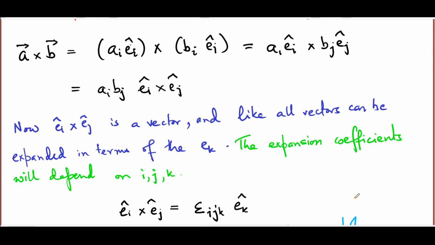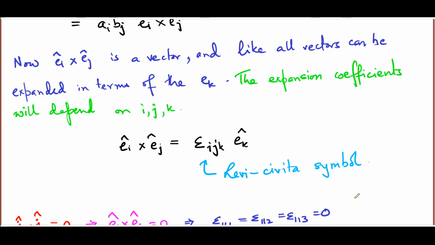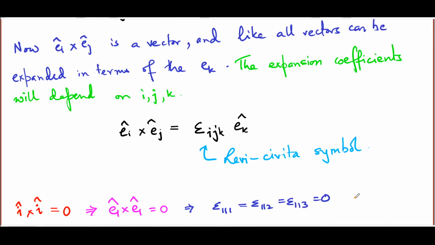So the rule for figuring out these epsilon_ijk symbols, the so-called Levi-Civita symbols, is simple. You take the ith basis vector and the jth basis vector, cross them together, and write down the result as an expansion in e1, e2, e3. The coefficient of e_k will be epsilon_ijk. And following this prescription, we can easily figure out some of the values, in fact all of the values. For example, if you did e1 cross e1, you would of course get 0.